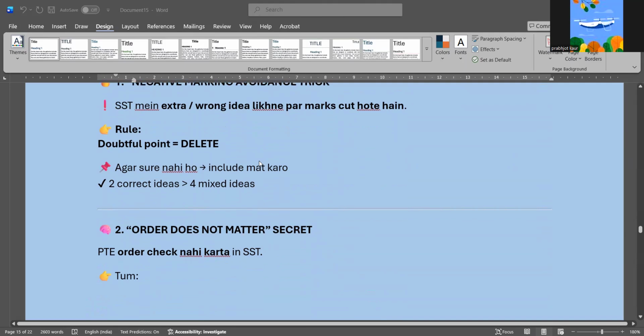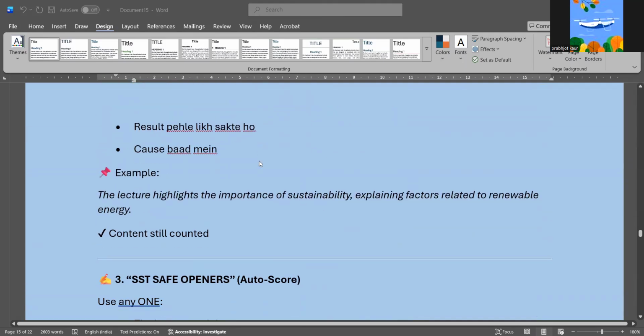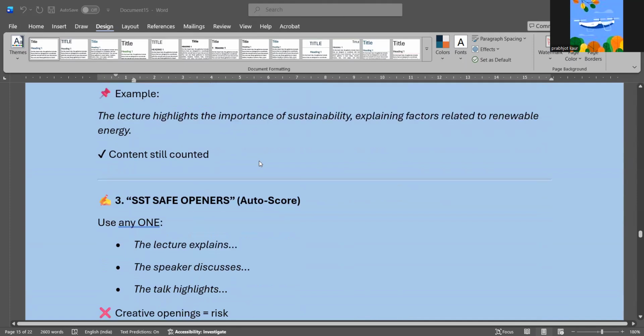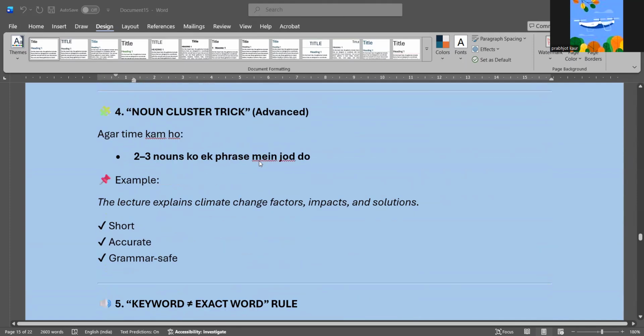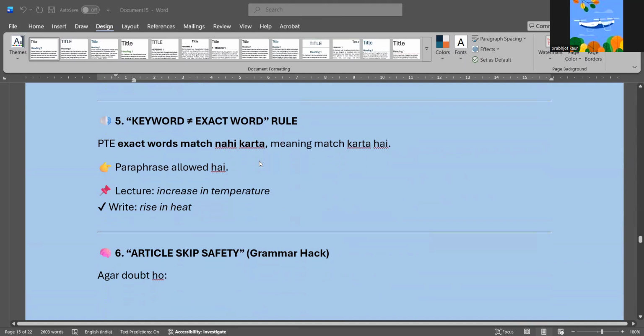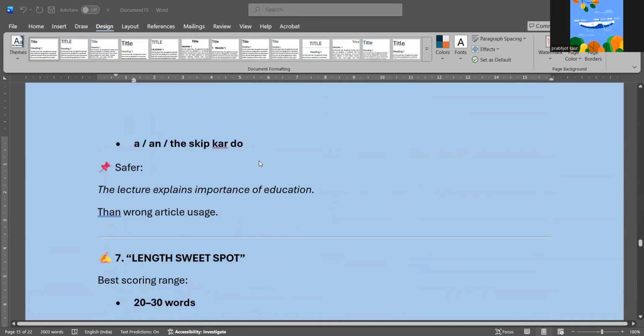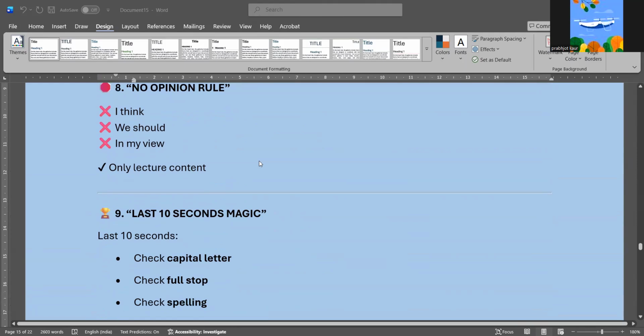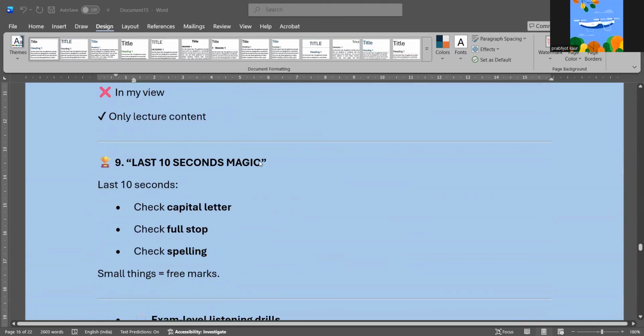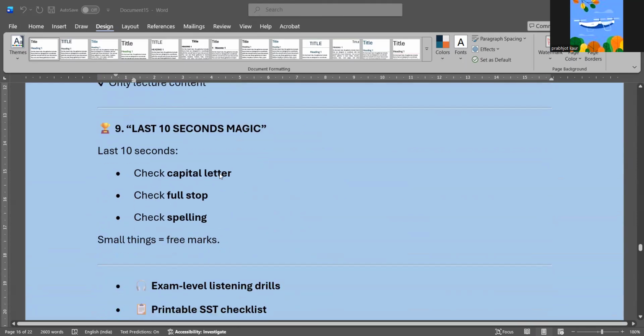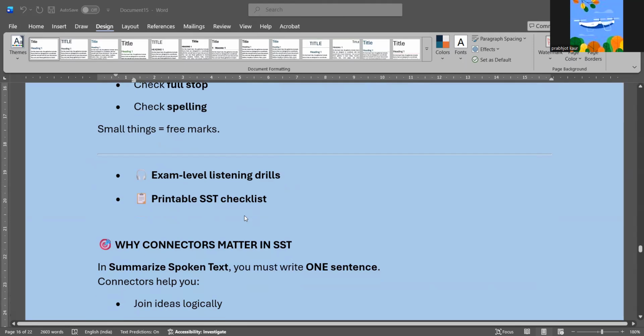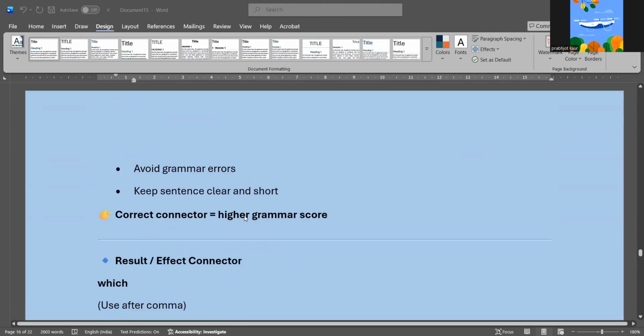So here are some examples. I want to show you some sentences where you can use a full stop, a capital letter, and correct spellings.